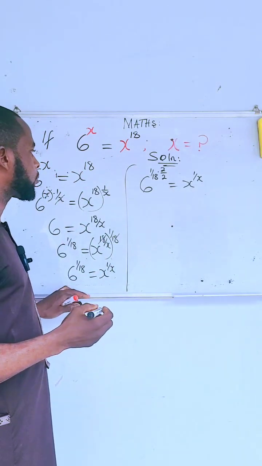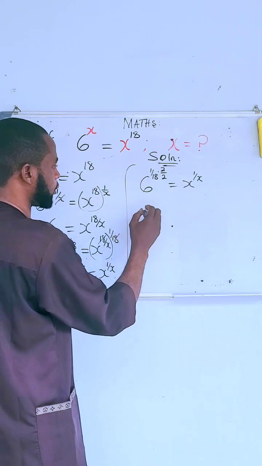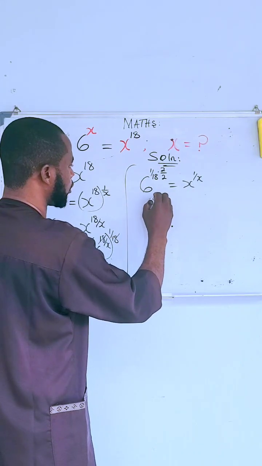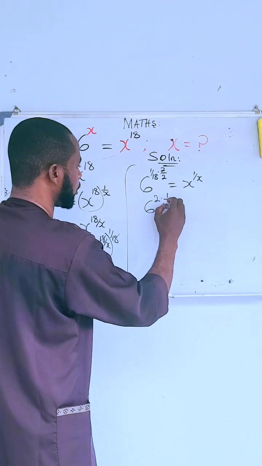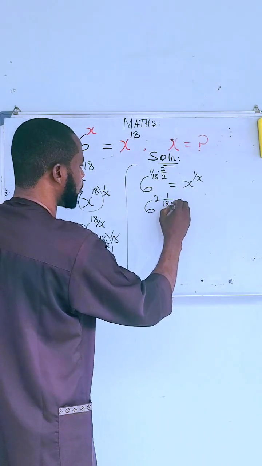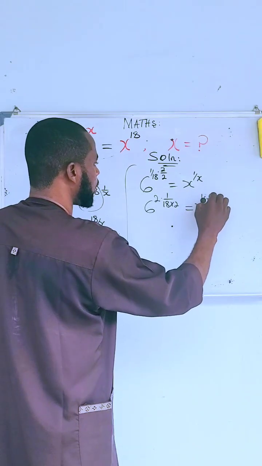Then in this case, there's nothing wrong if I write it this way: 6 to the power of 2 multiplied by 1 divided by 18 multiplied by 2 equals x to the power of 1 over x.